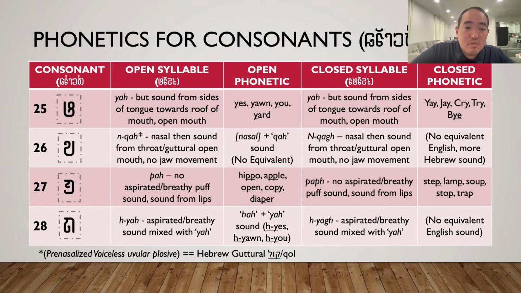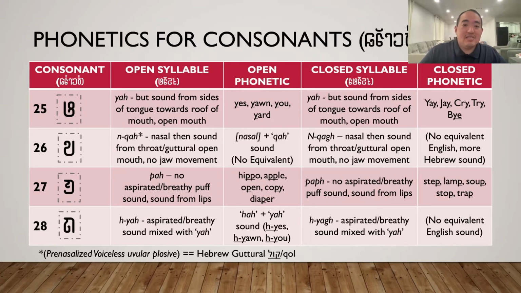Now on to the next one, number 27. This consonant is pronounced ba, pup. It's a P sound, but it does not have a strong aspirated sound like you hear in English, like Peter or Peter Parker, right?